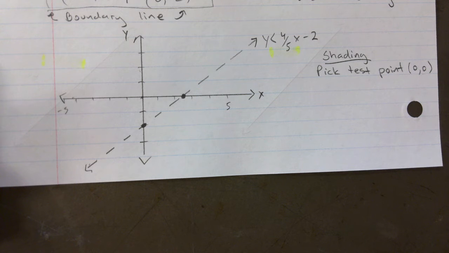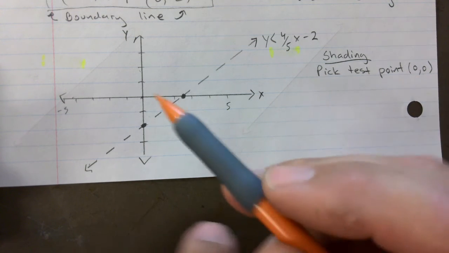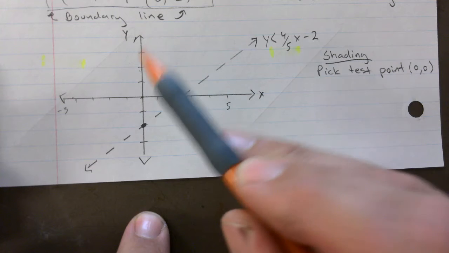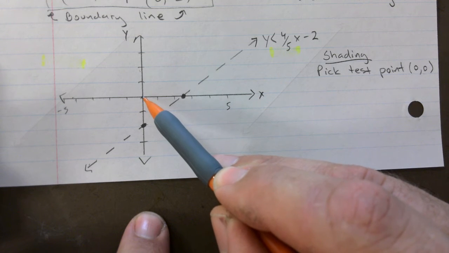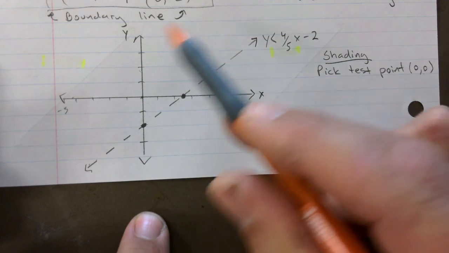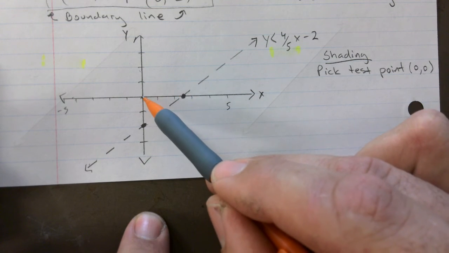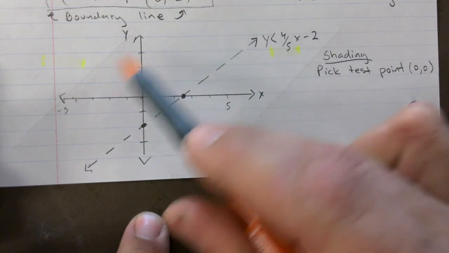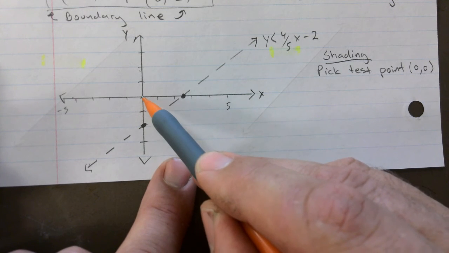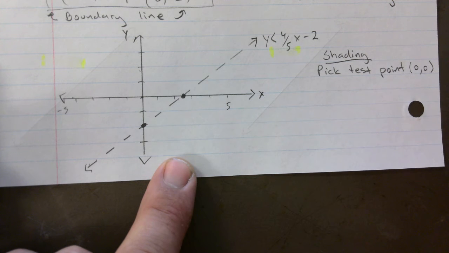It's above, so keep that in mind. We're going to see if 0, 0 is true or false when we plug it in. If 0, 0 is true, all the points above the line are going to be true. If 0, 0 is false, this whole region is false. So I'm picking that one, noting that it's above the line.